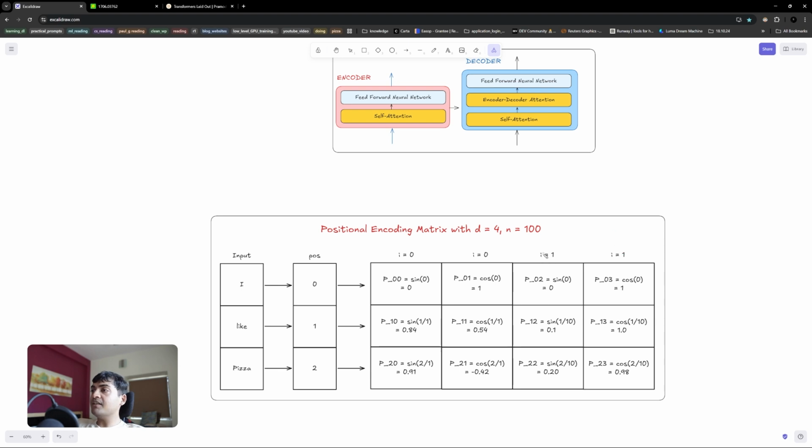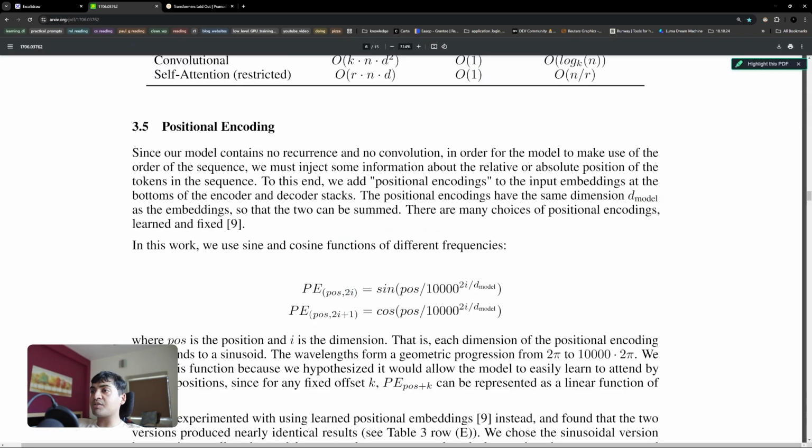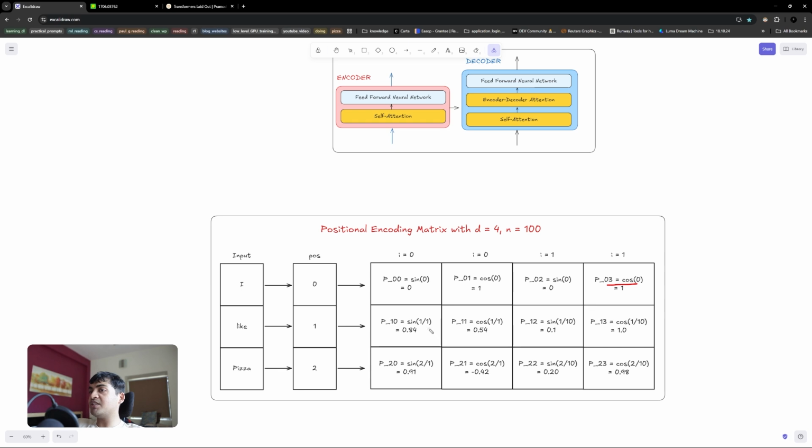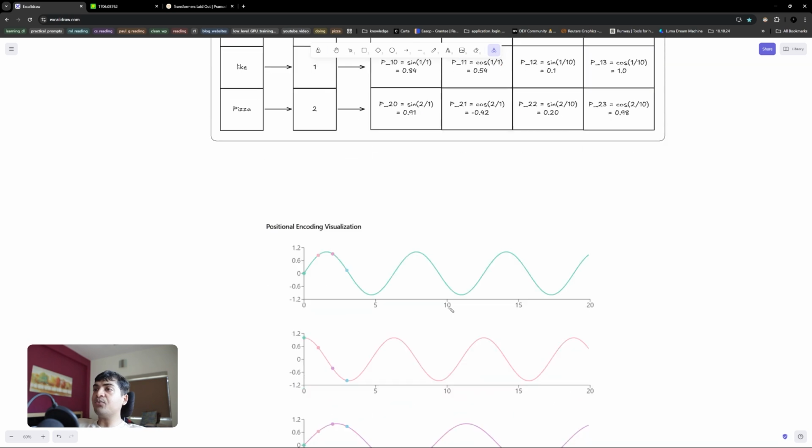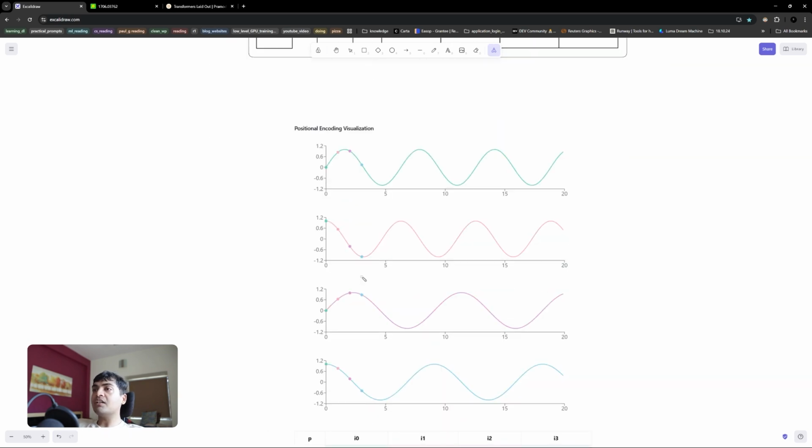So for the third position, we have sine 0, because this is position 0, so all of these values would be 0. Now for position 1, we put in the values and we calculate, and this starts to make more sense. Now let's visualize this.